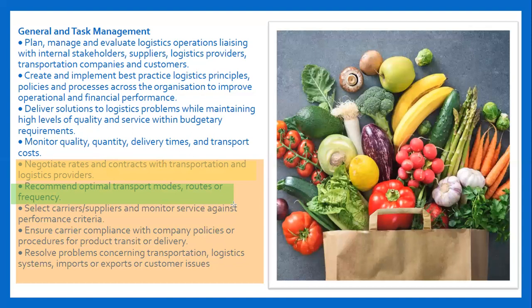Now routes also depend on this. For example, you have to dispatch goods from NCR to Mexico. First you need to deliver the goods at the seaport where the shipment will sail on the ship. In such a case, you have to check which route will be best, by road or by train, and which will give you a competitive rate.